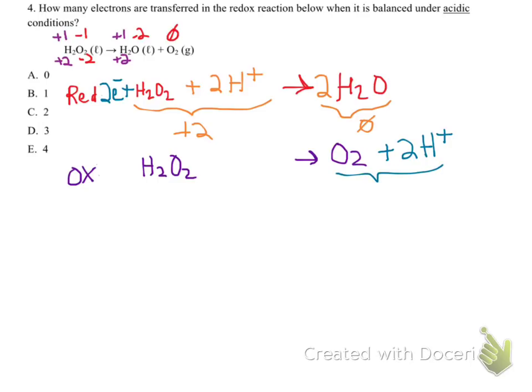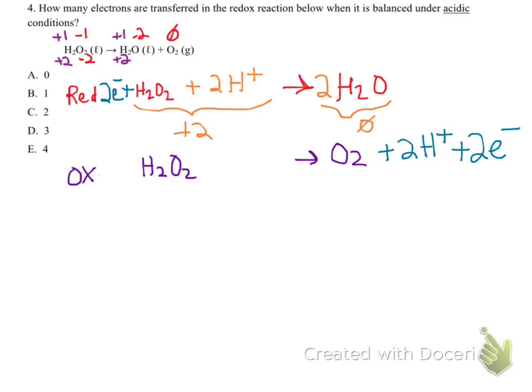This side has an overall charge of positive 2. This side has an overall charge of 0. So in order to get the 2 sides on an equal playing field, we're going to need 2 electrons over here. Great! Now both of our half reactions are balanced.